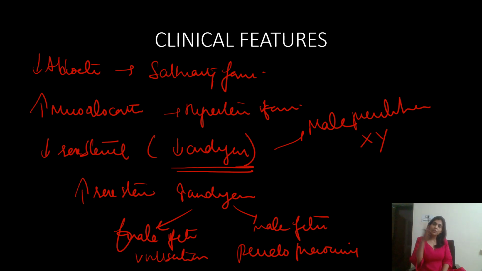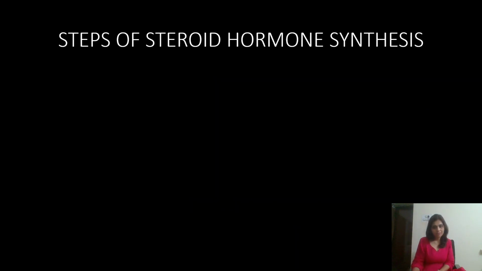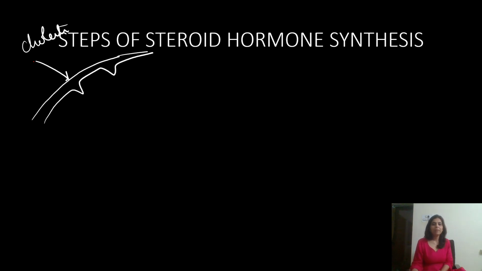Now to understand which congenital adrenal hyperplasia presents with what kind of clinical features, you need to know the normal steps of steroid hormone synthesis. Okay, so the normal step of steroid hormone synthesis should begin with cholesterol because all steroid hormones are synthesized from cholesterol. So the first step is cholesterol is taken up by adrenal cortical cells, and within adrenal cortical cells, because these steroid hormones get synthesized in mitochondria, they're supposed to cross the inner mitochondrial membrane to get into the matrix.